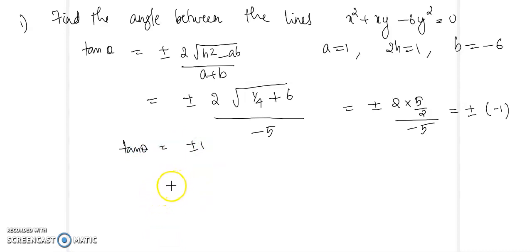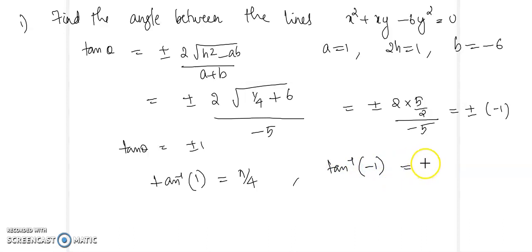So now you can find the angle. If you take tan inverse of 1, that will be equal to pi by 4, and if you take tan inverse of minus 1, that will be equal to 3 pi by 4.